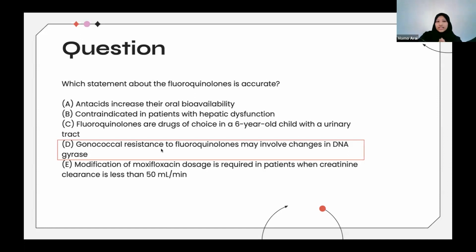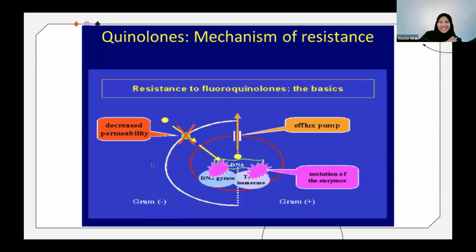If there's a mutation in these, the drug won't be able to act on the bacteria because their site of action is not correct. Even renal modification was not a contraindication for fluoroquinolones, if I'm not wrong. So D is the most correct answer in this case. Whoever said D, that's really good.